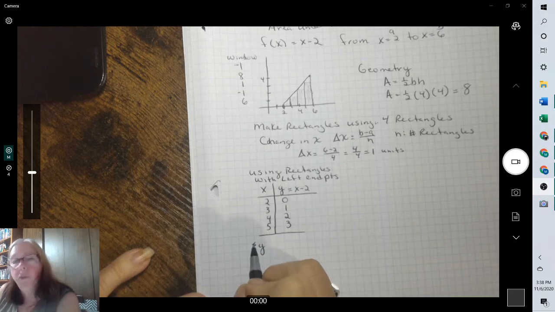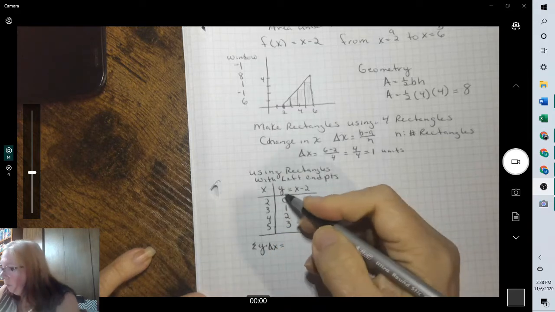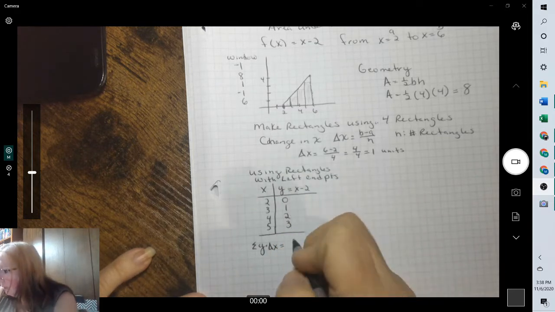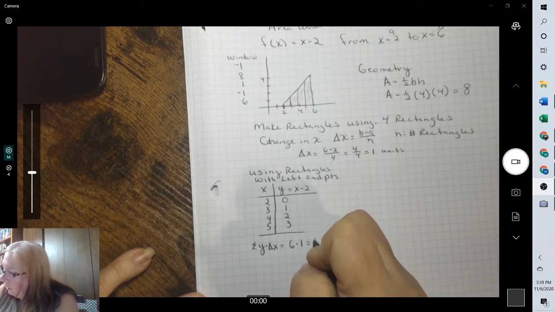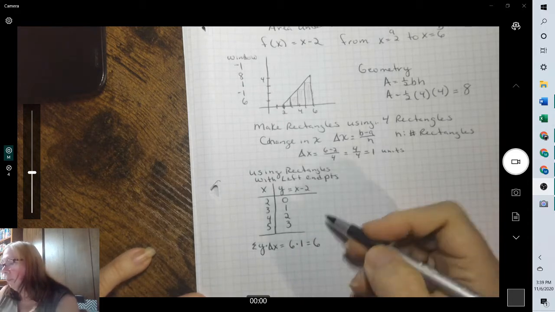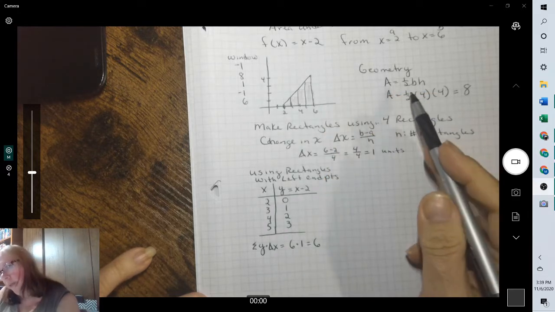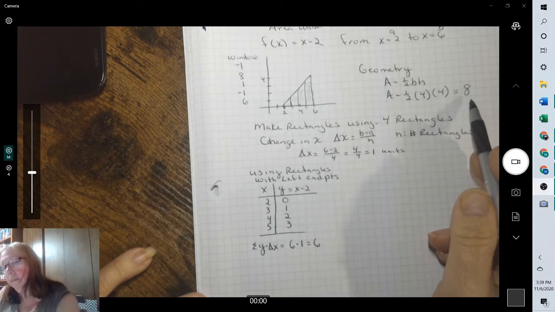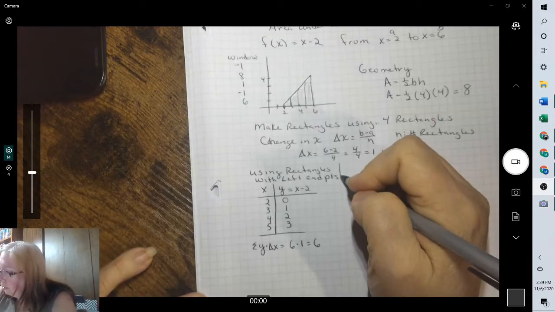Remember, this means to sum. So add up the y values and then multiply by your change in x. If we add these up, we get 6 times our change in x, which was just 1. So this did come up short. We said the area under the curve is only 6. We know by the triangle it is 8. But it's just a way of getting an estimate.